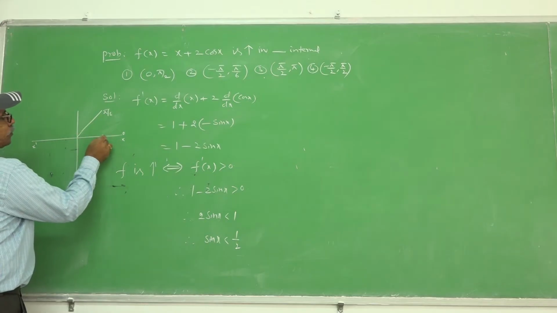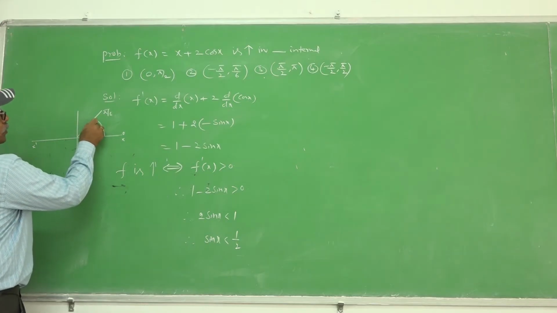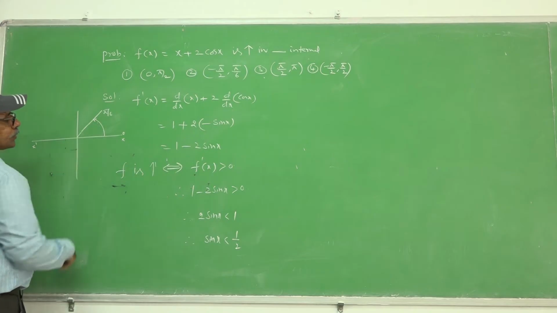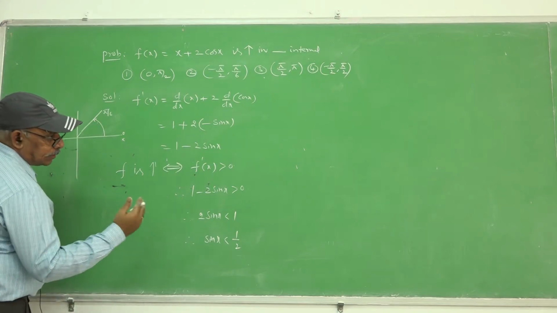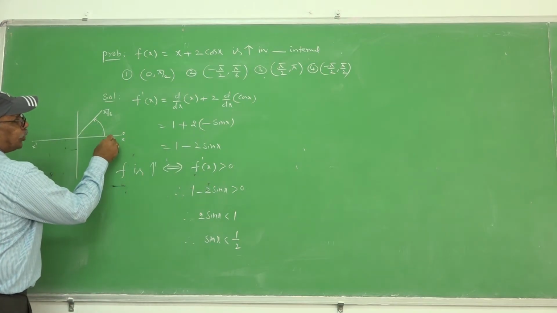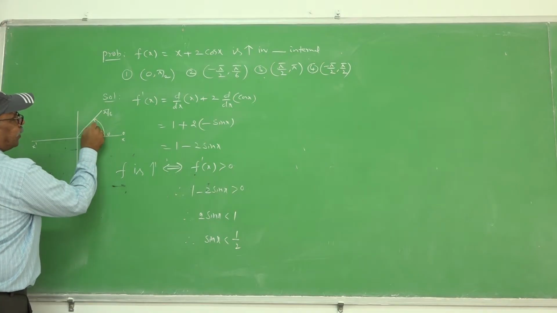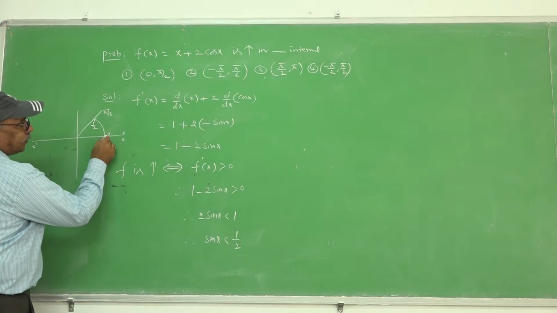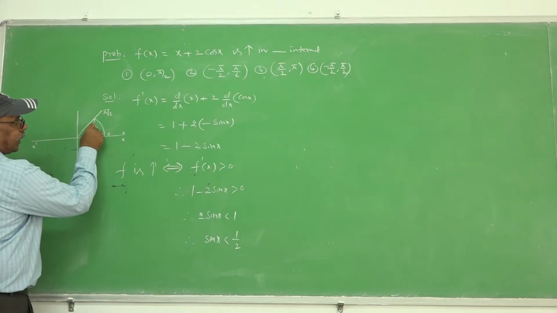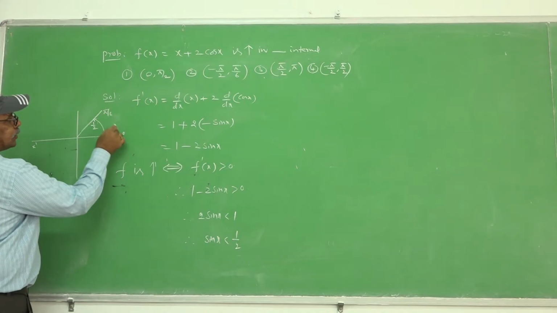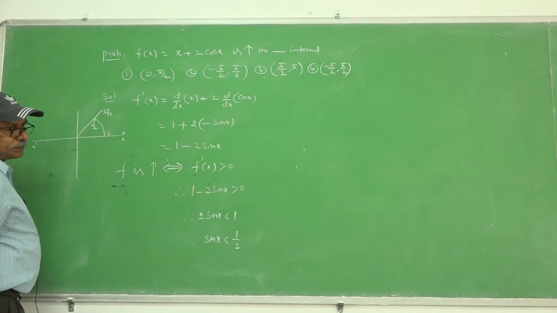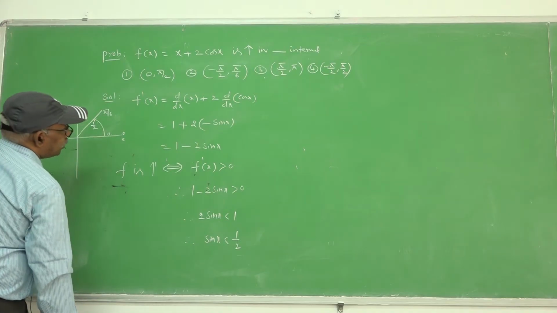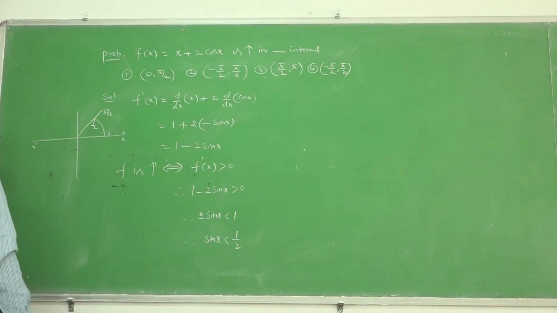So, from 0 to pi by 6, because sin 0 is 0 and sin pi by 6 is 1 by 2, sin x varies from 0 to 1 by 2 whenever x varies from 0 to pi by 6.